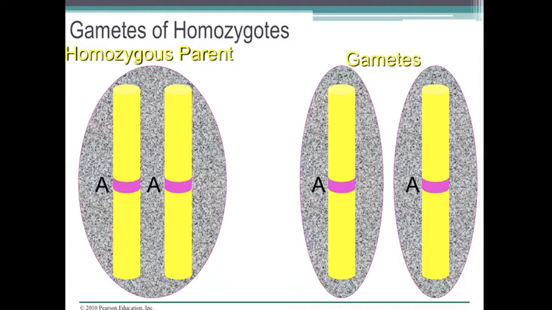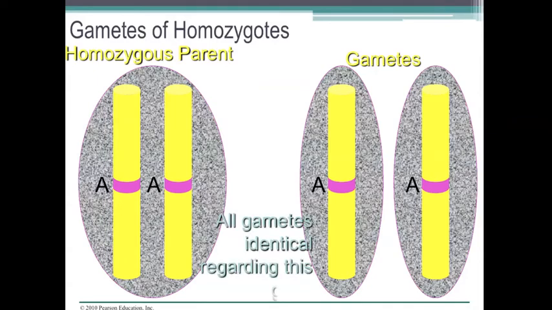So the gametes that are possible here are a sperm or egg that has uppercase A or uppercase A. That is all this parent can contribute to its potential offspring. So all gametes are identical regarding this gene.